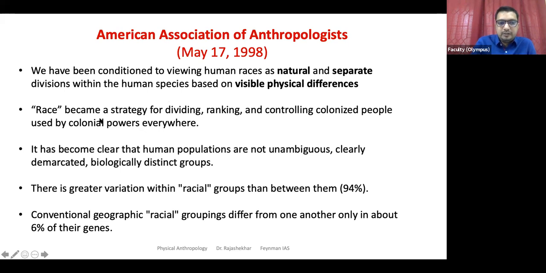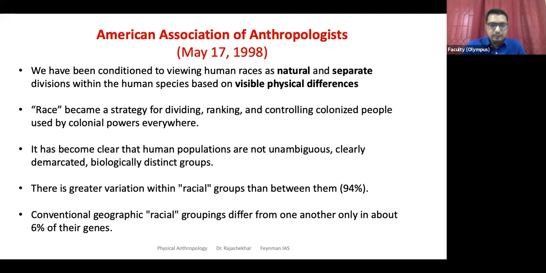And eventually this race concept became a strategy to divide people, to rank people, to control colonies. We hear about the Aryan migration debate, right? Aryans had come and were considered superior because they were better looking, and they dominated the other groups of people. We hear that discussion in India, that Aryans have dominated.